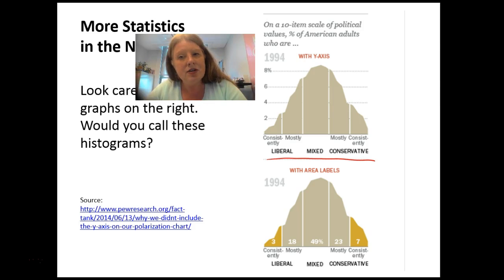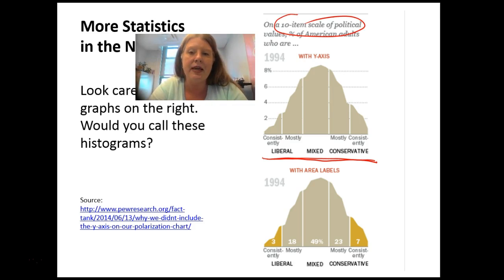They call these histograms. I think this was based on some sort of 10-item scale that people completed, so they didn't actually put the scores that they got along the x-axis, which probably would be better if they want to call this a histogram.